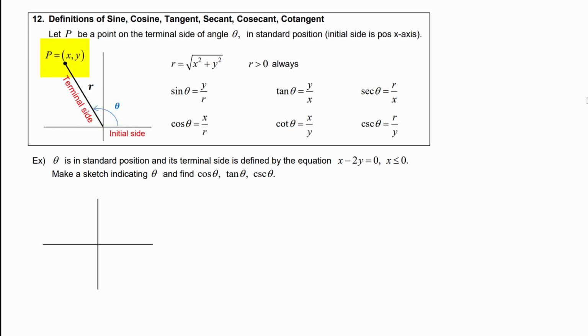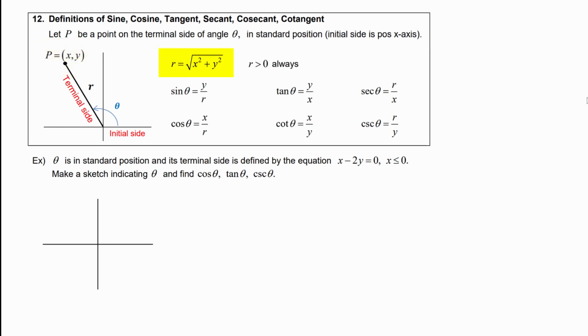Let P be the point (x, y) on the terminal side. Then we can find the radius r by using the Pythagorean theorem: the square root of x squared plus y squared. Those x squared and y squared are from the point P, (x, y).